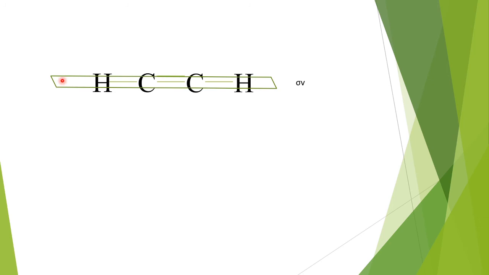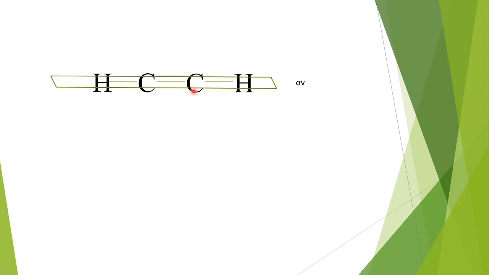I'll tell you once again. First we have to see where the principal axis is passing through, and if we have a plane which contains the principal axis, or a plane through which the principal axis passes, then that plane is called the vertical plane of symmetry, and it is written as sigma v.